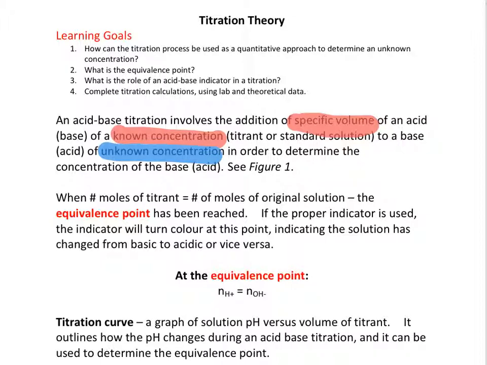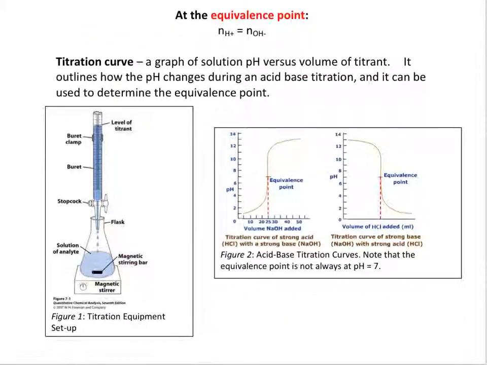If we scroll down to figure 1, we can see the situation I was talking about. The acid of known concentration is in this piece of equipment called a burette, and a known volume of base, of which you don't know the concentration, is in this Erlenmeyer flask.